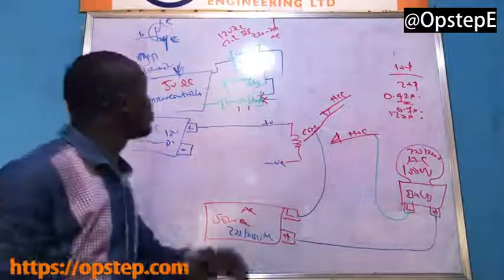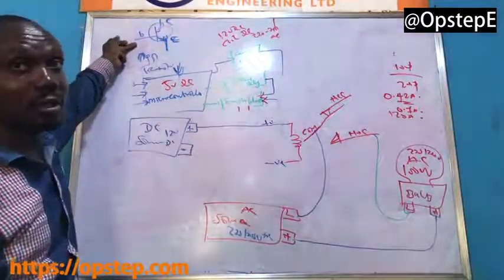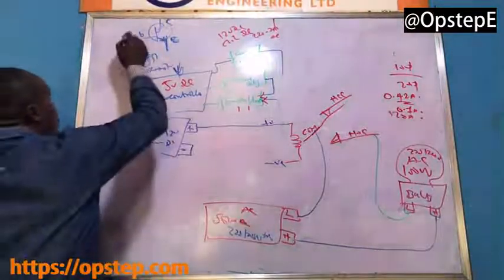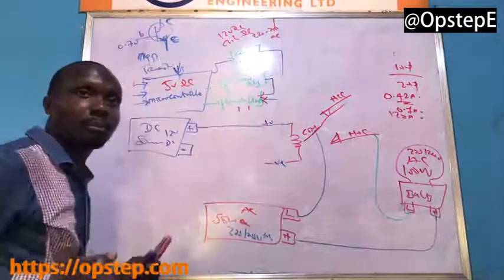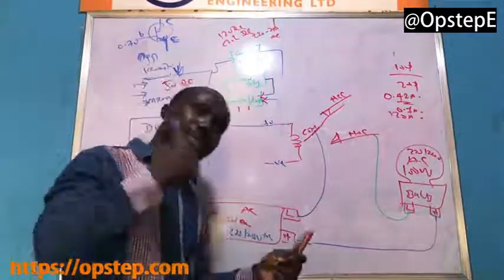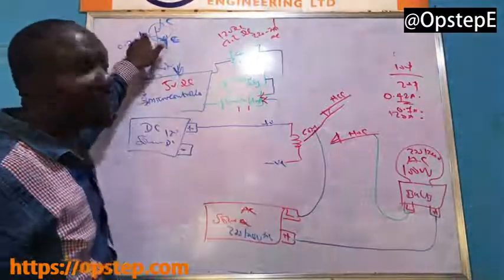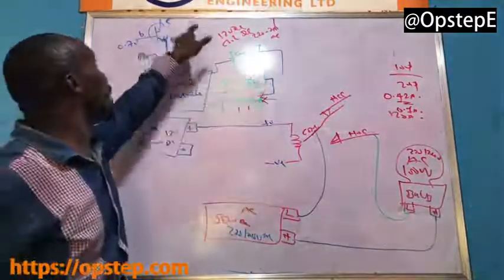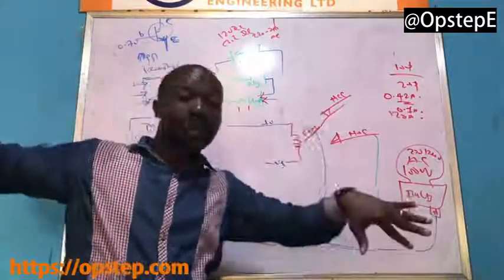Now please look up. You need around 0.7 volt, or a bit more, to bias the base of the transistor. When the base of the transistor is not biased, which means there's no voltage at the base, your collector and your emitter have very high resistance between them.